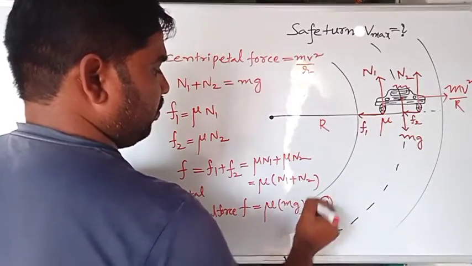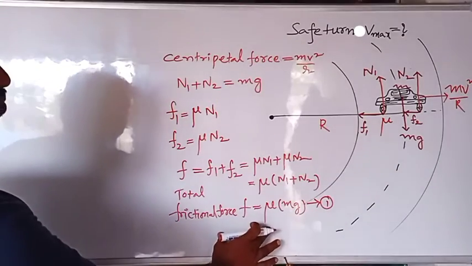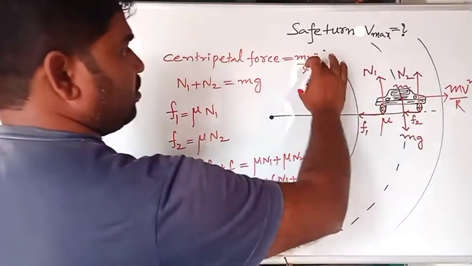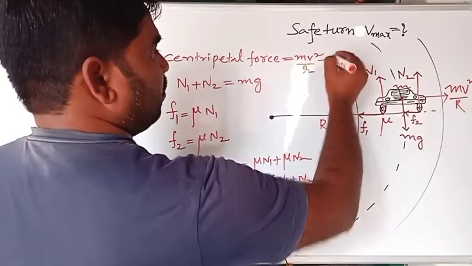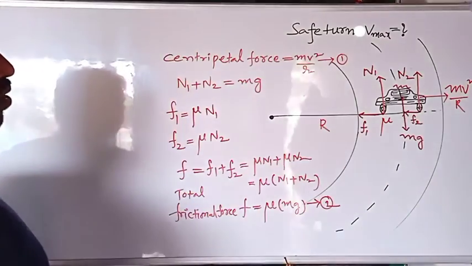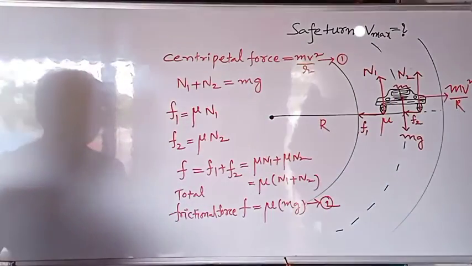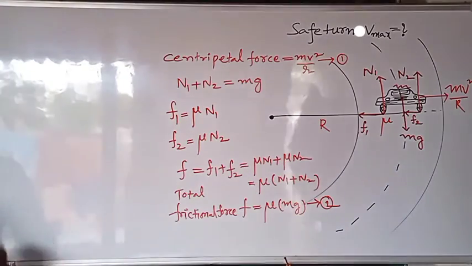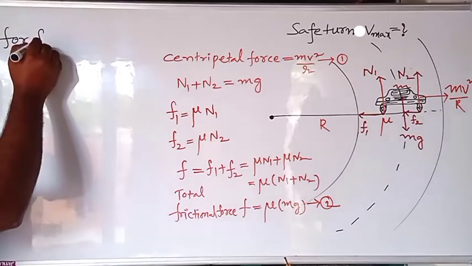Let us take this as equation 1, and the centripetal force as equation 2. For a safe turn, here frictional force and centripetal force must be equal. This is the condition.